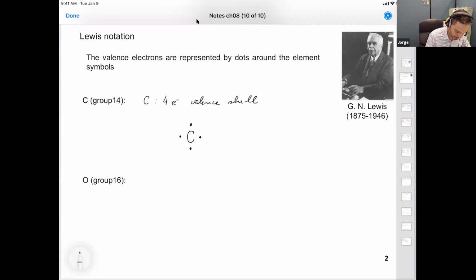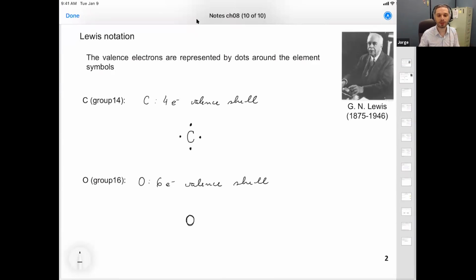We can do the same thing for oxygen. Oxygen belongs to the group 16. Therefore, 16 minus 10, that's 6 electrons in the valence shell. Lewis representation for the oxygen. First comes the symbol of the atom.